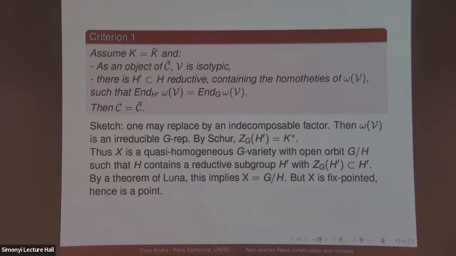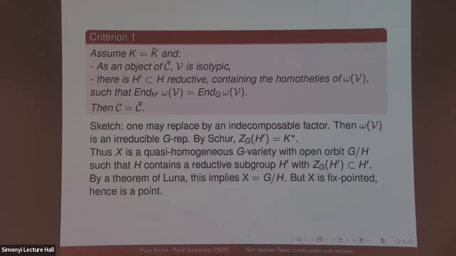This is a strong theorem. It was published exactly 50 years ago in Inventiones. It relies on the Hilbert-Mumford criterion, but it's much more powerful, much more difficult. But now, what do we have? The condition is that the centralizer of H dash lies in H, because K star is by assumption in H. Question: what does Luna's theorem depend on?